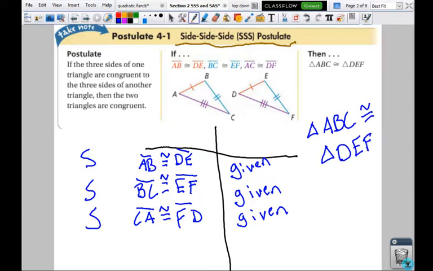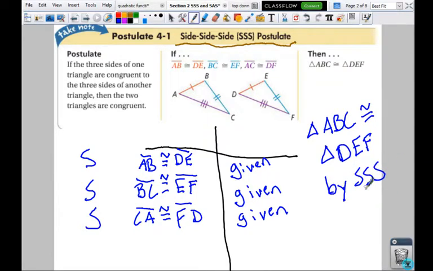When I prove two triangles are congruent, now that we've learned a little bit more, we need to give the reason or the method we used to show these are congruent. We used side, side, side. So, ABC is congruent to DEF by side, side, side.